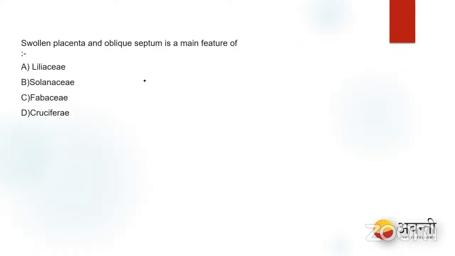And if you observe in detail, you can also find a swollen placenta. The capsicum that we eat has a swollen placenta as well as an oblique septum. What family does the capsicum belong to? It belongs to Solanaceae. So usually Solanaceae has this swollen placenta as well as oblique septum. So our option would be Solanaceae, that is option B.